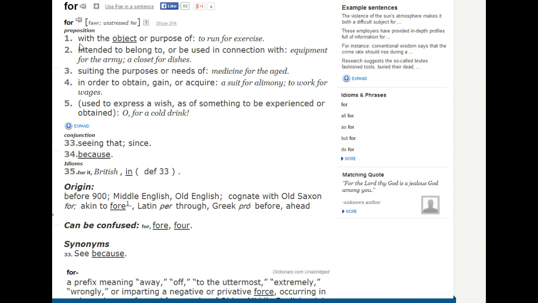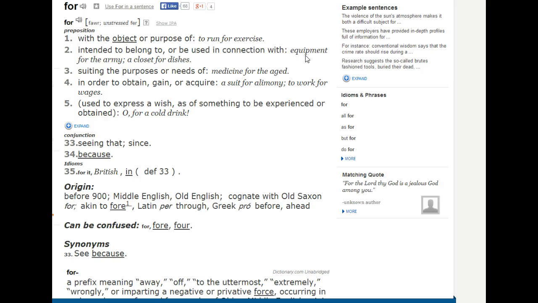The first definition, which is usually the most common definition, is with the object or purpose of. Okay, that is the first definition. For example, it gives to run for exercise. Object or purpose, object. Number 2, intended to belong to or be used in connection with.